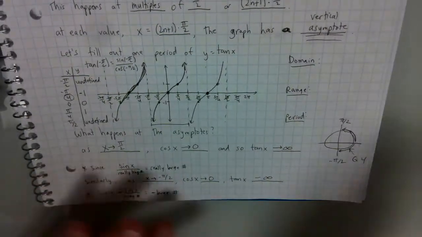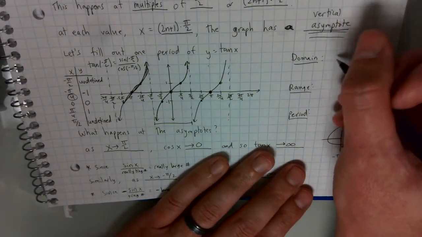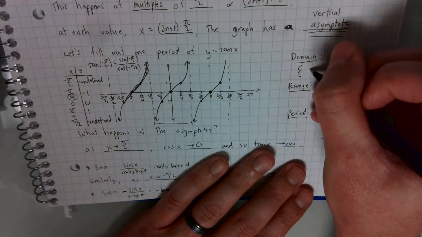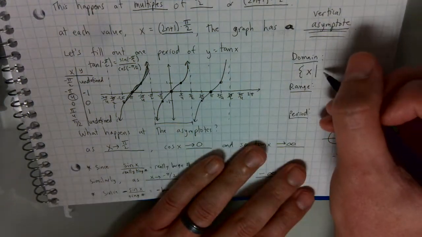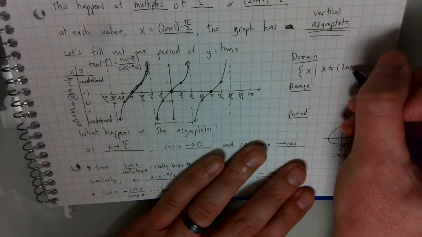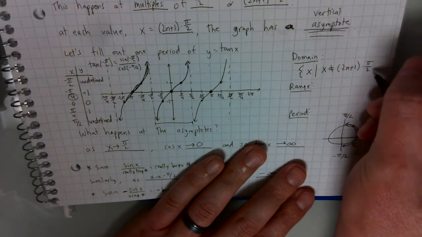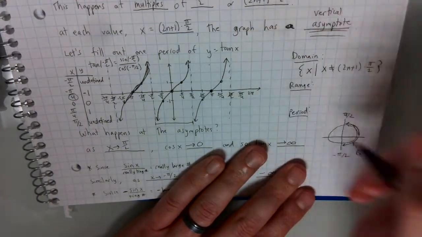Okay, so real quick, let's write down the domain, range, and the period for the tangent function. The domain, the way we're going to write that in set notation, is the x values such that x is not one of those odd multiples of pi over 2. The range is anything, because it goes to infinity and negative infinity.